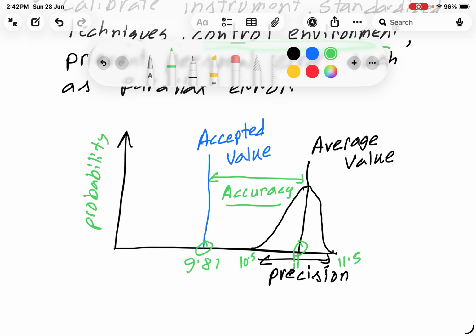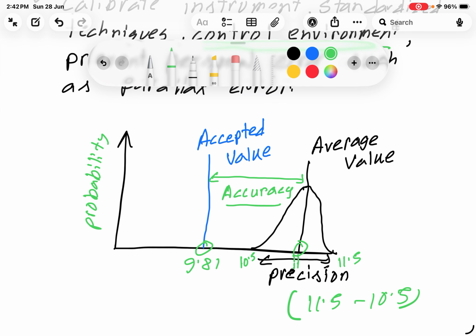That is why we say it depends on the measuring tool, because this last digit or the difference here, 11.5 minus 10.5, depends on what measuring tool you're using, and so it depends on the significant figure. That is the reason why significant figure is important.